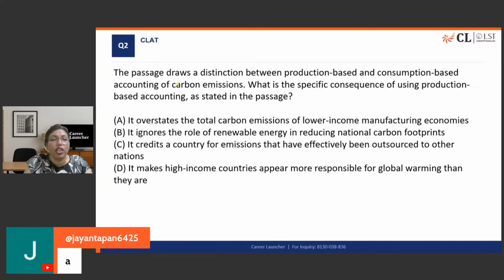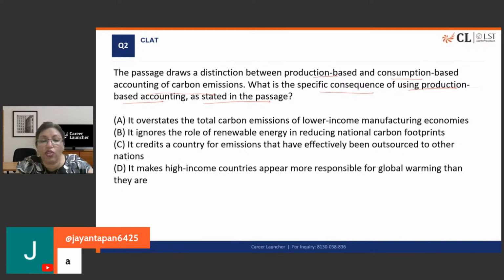Question number 2. The passage draws a distinction between production-based and consumption-based accounting of carbon emissions. What is the specific consequence of using production-based accounting as stated in the passage? It overstates the total carbon emissions of lower-income manufacturing economies.